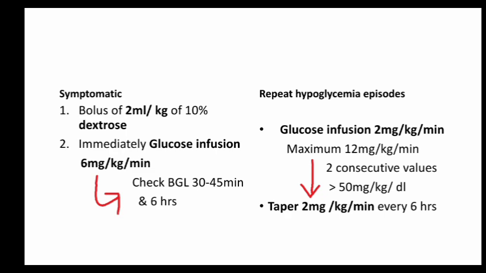If it is more than 50 milligram per deciliter in 2 to 3 consecutive values, we have to taper the glucose infusion by 2 milligram per kg per minute every 6 hours. Along with that, we tell the mother to continue oral feed. Start the oral feed. That is the management of symptomatic hypoglycemia.